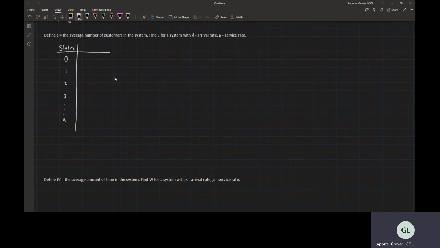So I know that I can have a certain number of people in the system, and that's what our state represents. X of t is equal to the number of people in the system. And I can get the long-term, steady state probability that X of t is in state i.